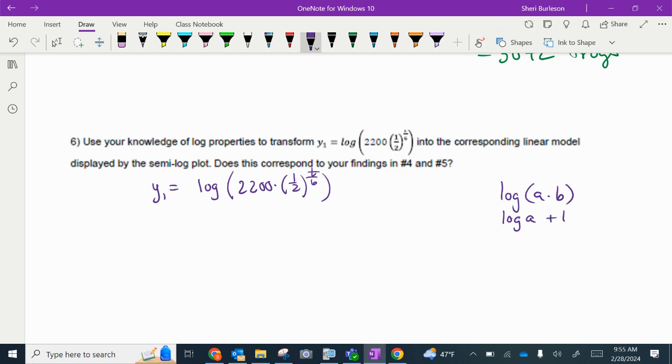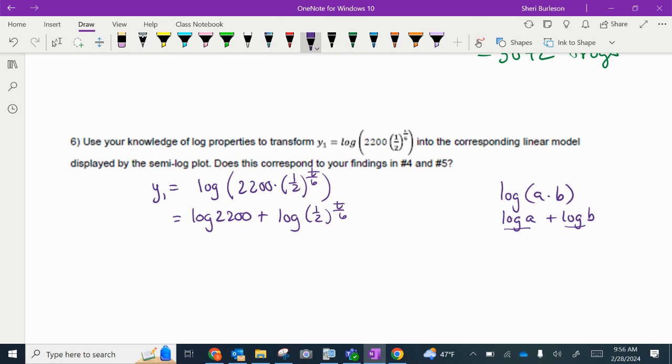I can write this as addition of the two, because when I multiply with like bases, I'm adding my exponents. Logs are exponents. So this will become log of 2200 plus log of 1/2 to the t over 6. Didn't I use a log property to do that?